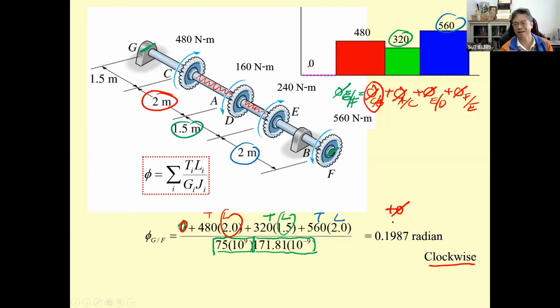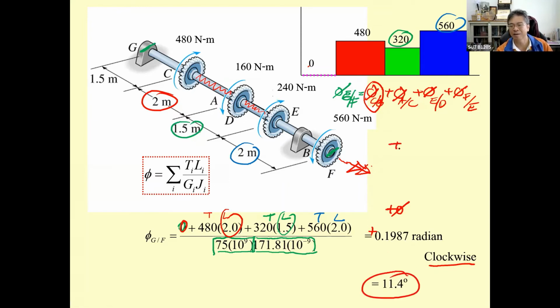Okay, and then you may say it's going to be in this direction. Actually it's going to be in this direction because this one is positive. When it's positive, the arrow just points out from the shaft, and then you may convert it into 11.4 degree. How?